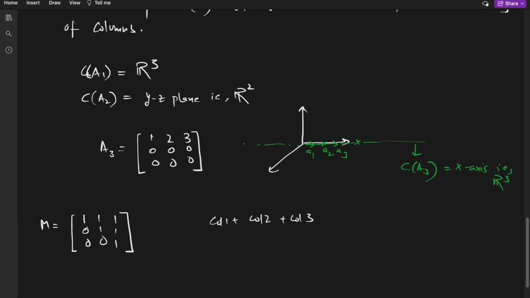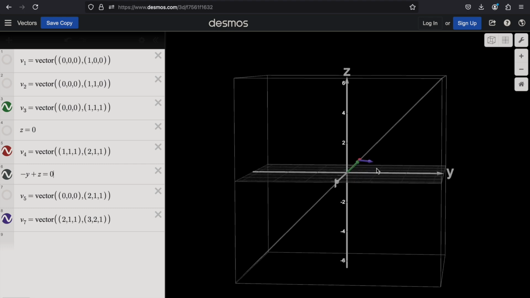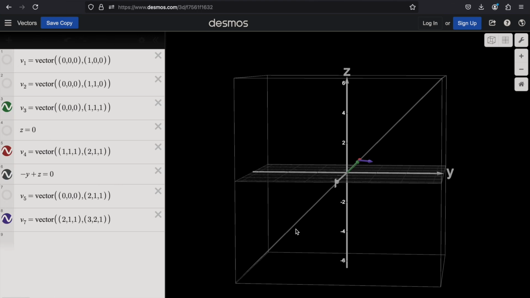these three column vectors are linearly independent, and they will fill the entire R cube, the entire 3D space, because of their vector addition, their linear combination, column 1, column 2, column 3. This is the linear combination.